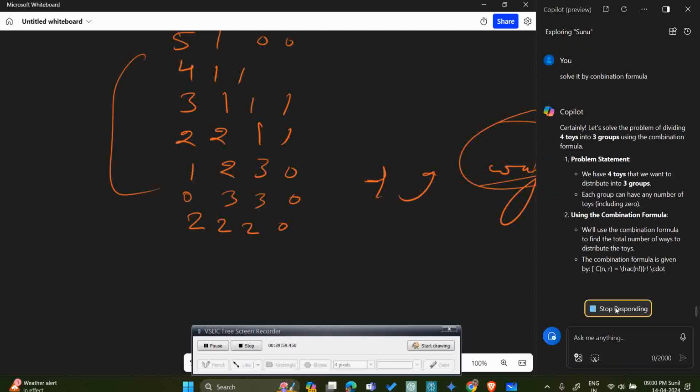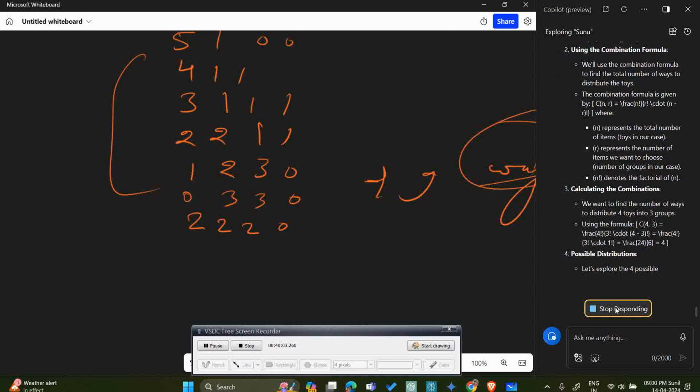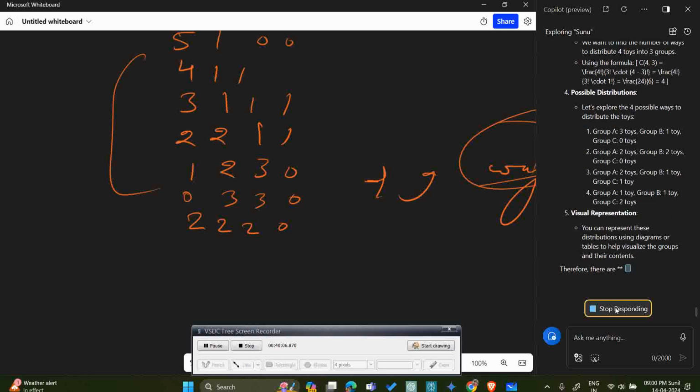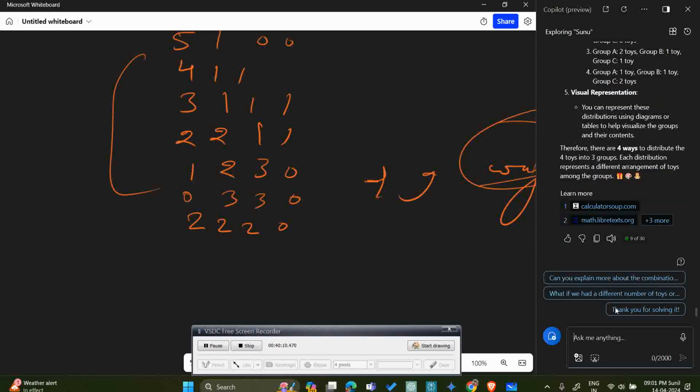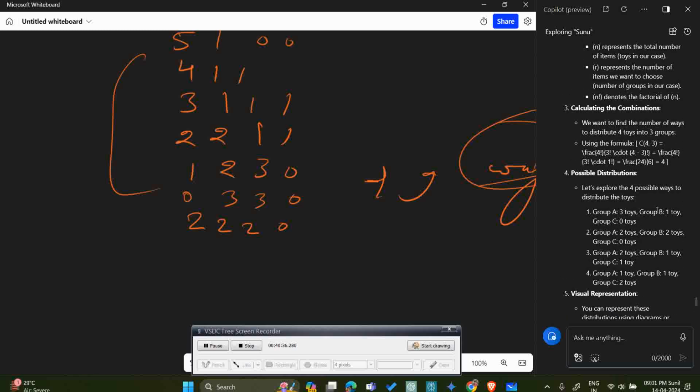Number of ways is 400, same, 431, 310, 220, 211. 4 factorial upon 4 factorial, 3 factorial.